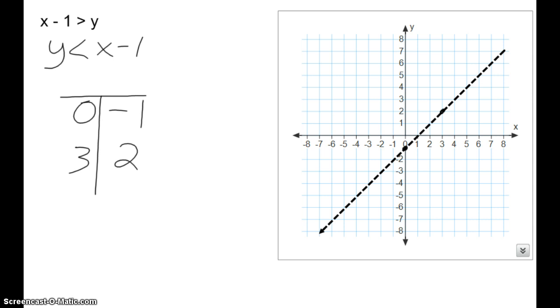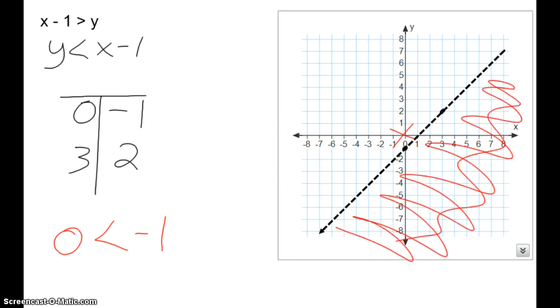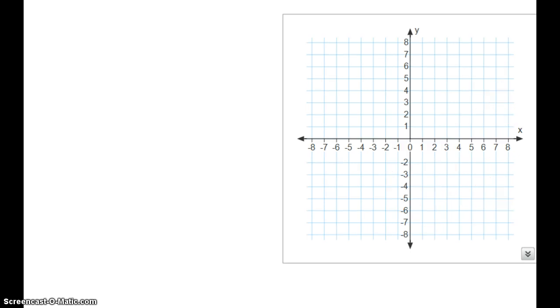So, if I put in 0, is 0 less than a negative 1? That is false. So that means I am not going to graph this side. That means this side is the solution. Notice the solution is not a line. It is a half plane, which we mentioned earlier. A half plane.